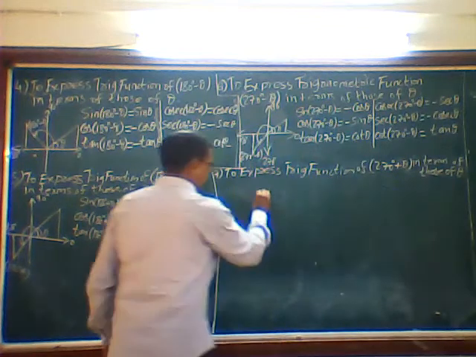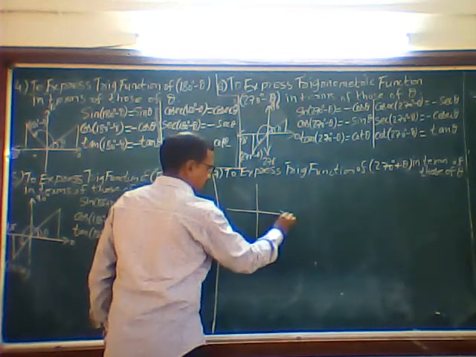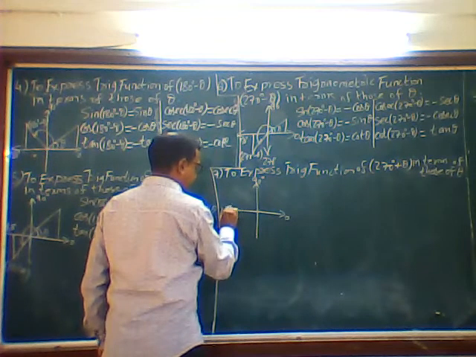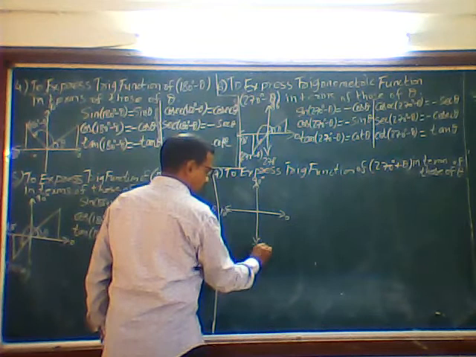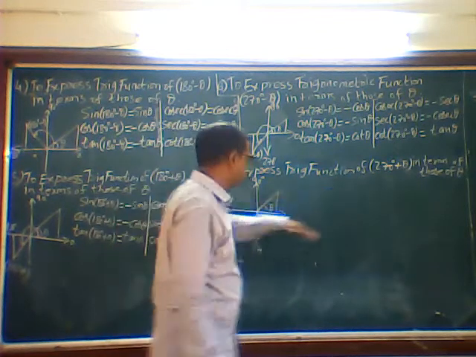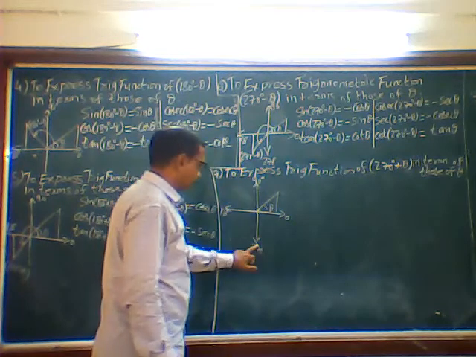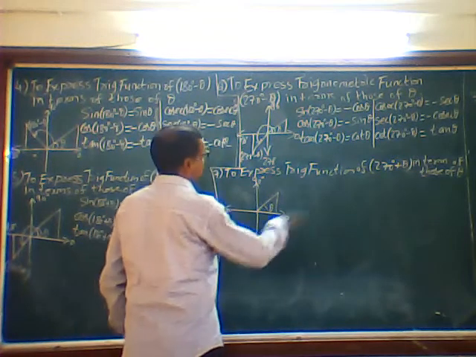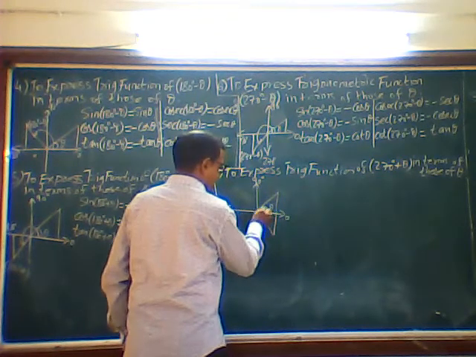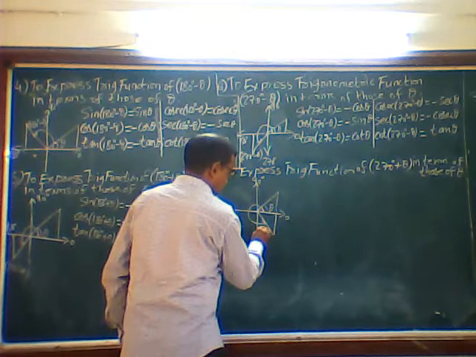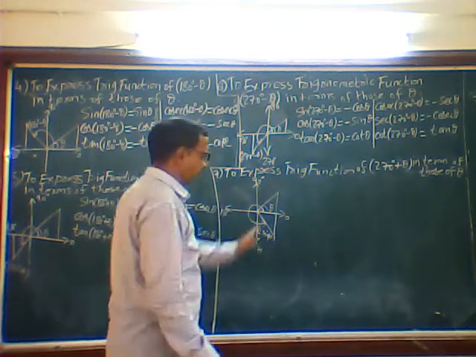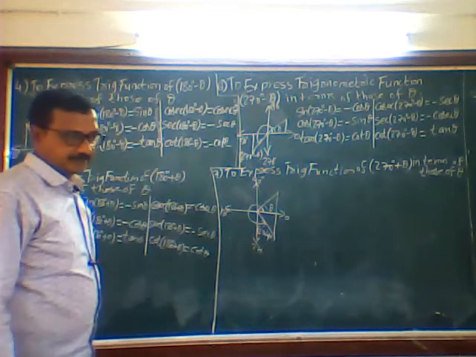Okay. Again, a rough diagram here: 0 degrees, 90 degrees, 180 degrees, 270 degrees. This is my reference angle theta. Now the question asked is 270 plus theta. He is saying plus, so I am going further. 270 plus theta looks like the minus theta diagram, the first diagram.